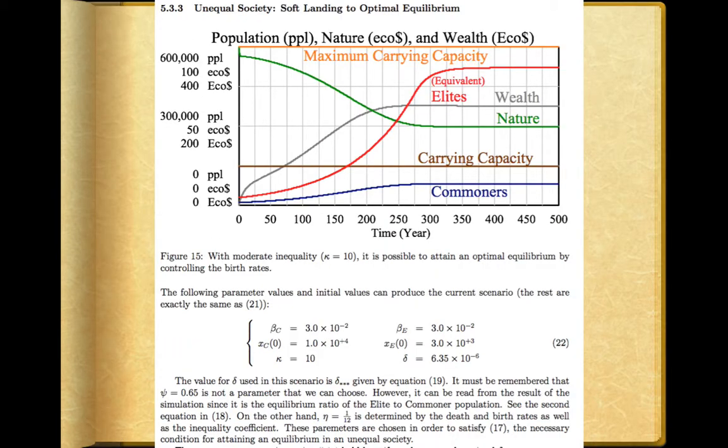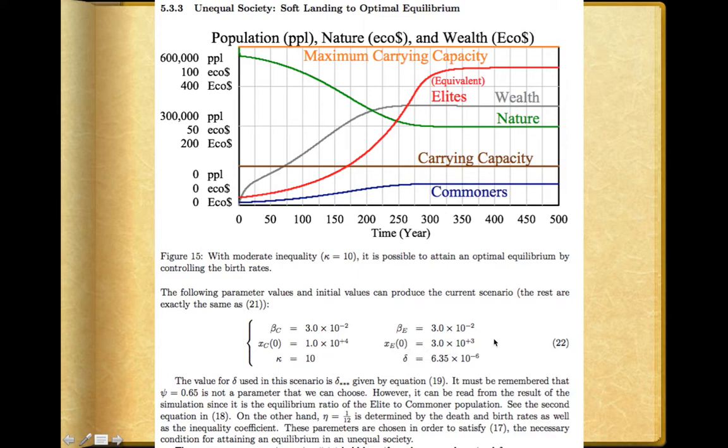This is another sub-scenario under scenario 3 that actually yields sustainable solutions. What the authors did is that they tweaked some of the parameters. The betas stayed the same, so the birth rate stayed the same, but for example, the commoners started not at 100 but at 10,000, and the elites started at 3,000.